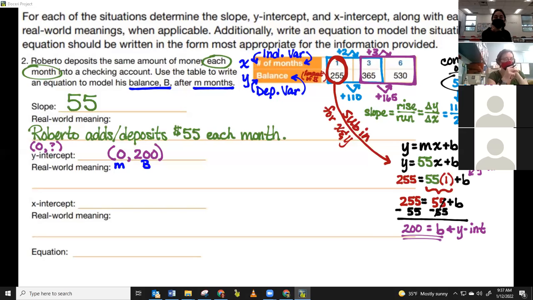Months is 0, 200 is the balance. So how do I take that? I know that these go together because they make an ordered pair. Ooh, Tamari, I like that. I'd probably just tweak it just a little bit. So I'm going to start writing down what you have.